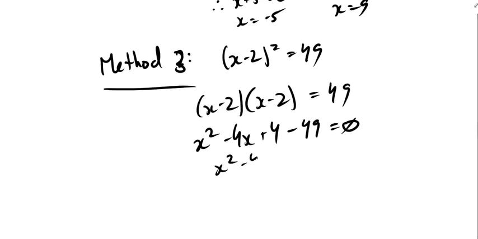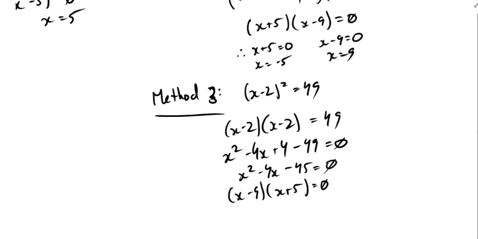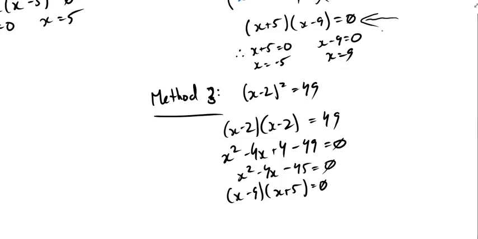X squared minus 4x, 4 minus 49 is negative 45. Simple trinomial, just go ahead and factor. X minus 9, x plus 5. Notice that that is exactly the same as what we got here. And so then the rest would look identical.